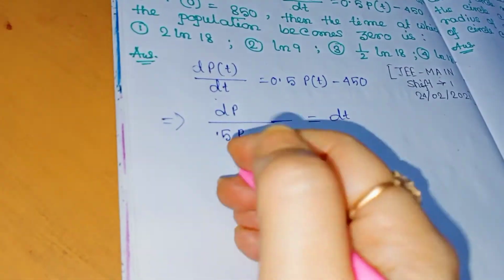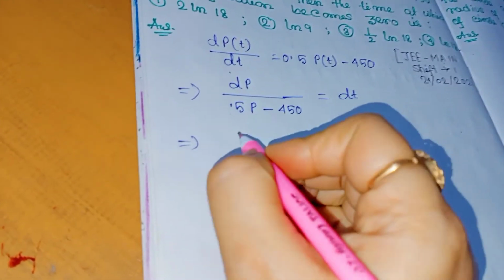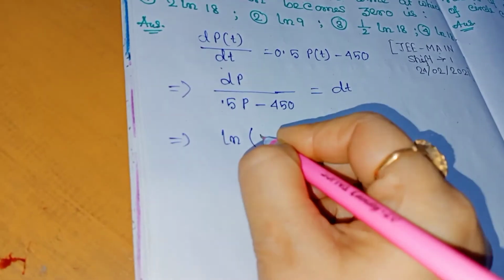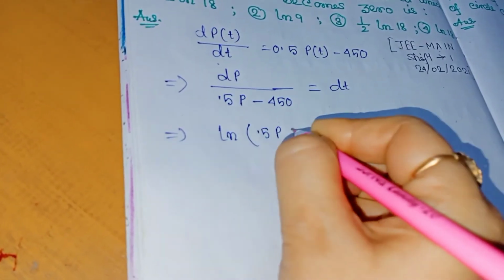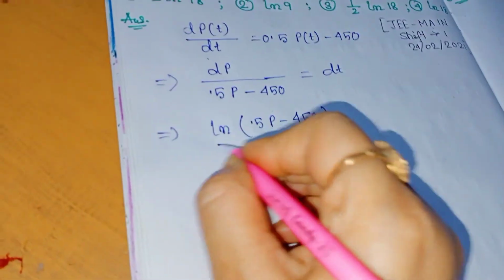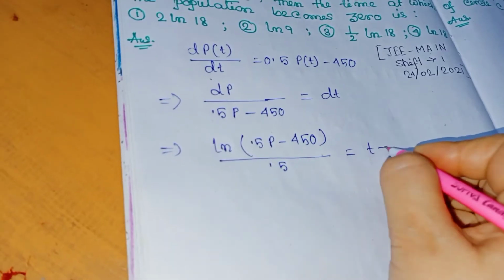Now integrating both sides, we get ln(0.5 P minus 450) divided by 0.5 is equal to t plus c.